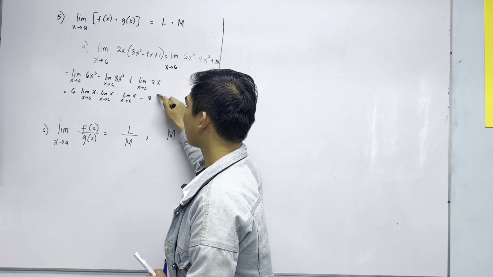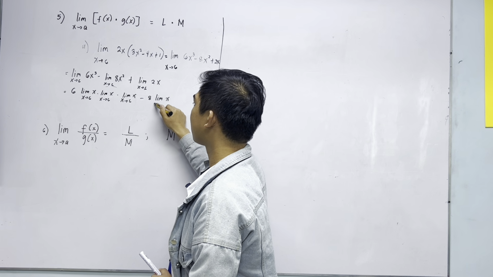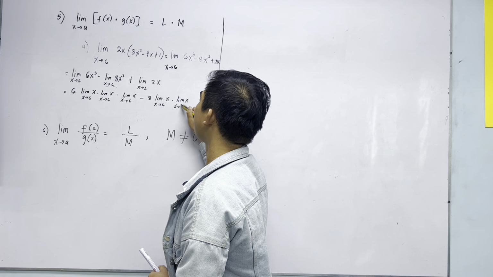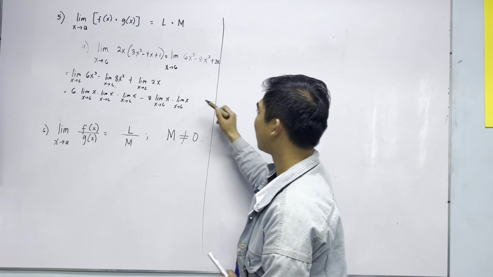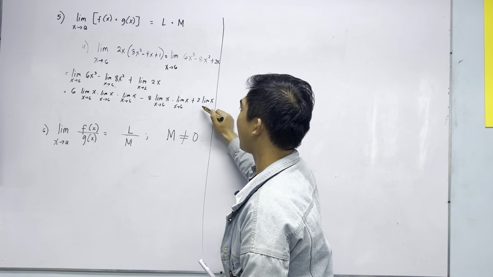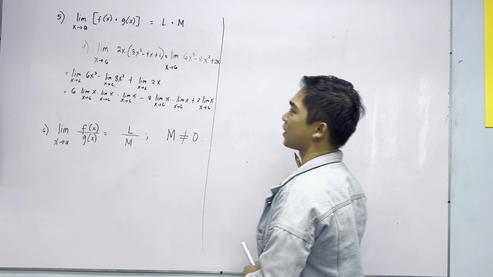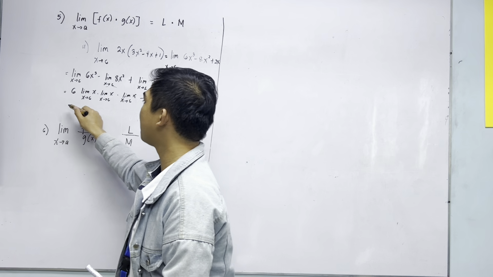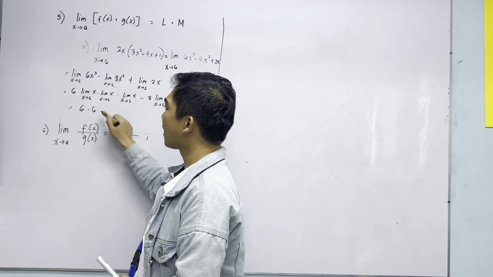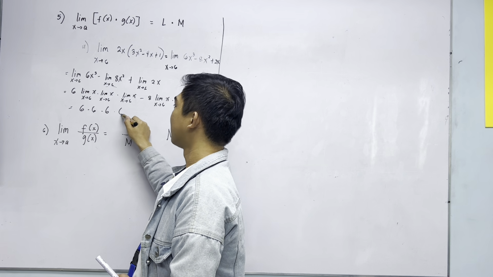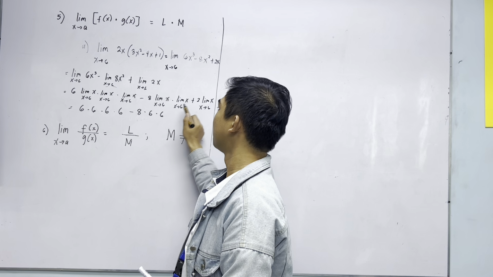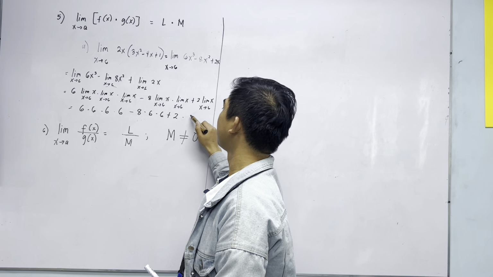Minus 8 limit of x approaches 6 times limit of x approaches 6. Plus 2 limit of x approaches 6. Ay, buti isa lang. Now we have 6 times 6 times 6 minus 8 times 6 times 6 plus 2 times 6.